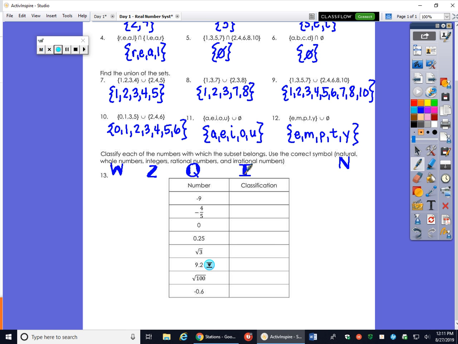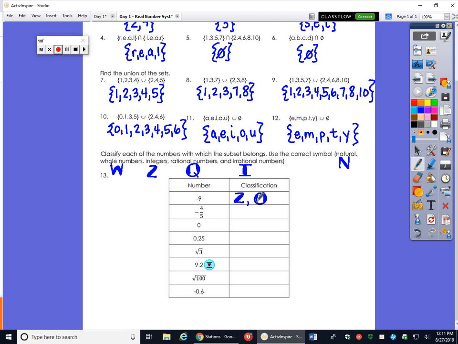So, -9 is going to be classified as an integer for sure. So it has the Z, and it's also considered a rational number, so it's going to have the Q.